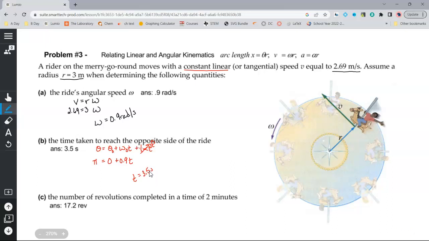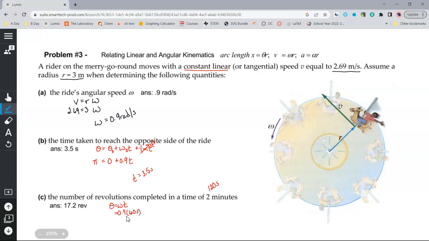Now if we want to know how many revolutions are completed in a time of 2 minutes, that is 120 seconds. We can simplify the equation we just had to just omega naught t, so theta equals omega t. That is 0.9 times 120 seconds, which gives theta in radians, so keep that in mind.